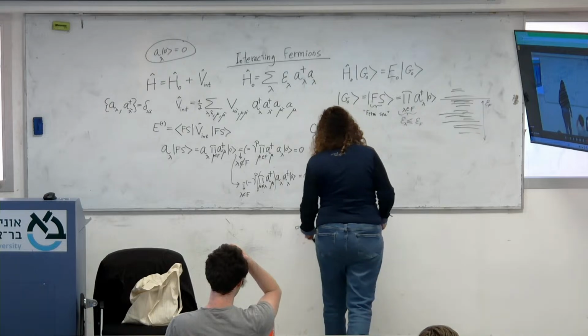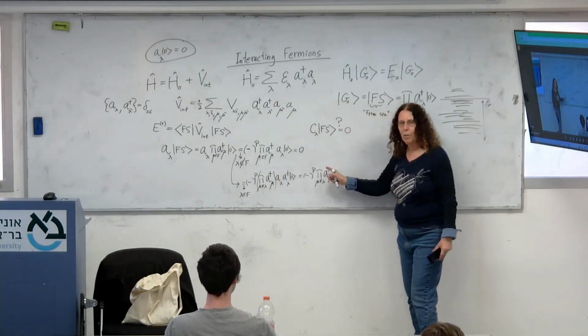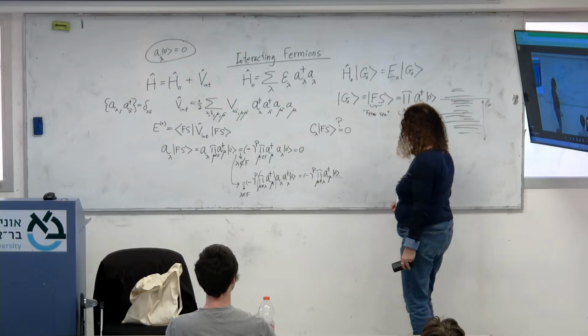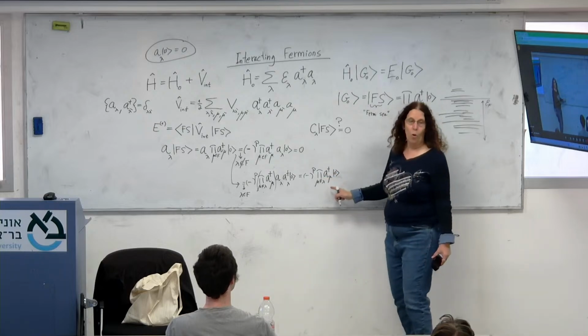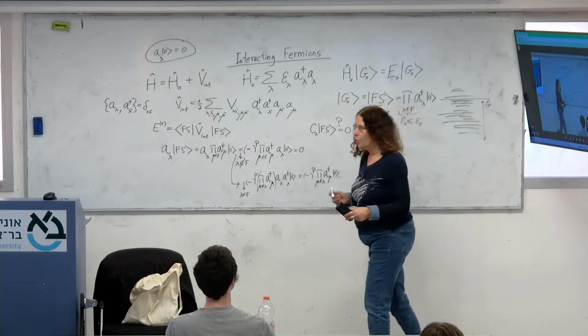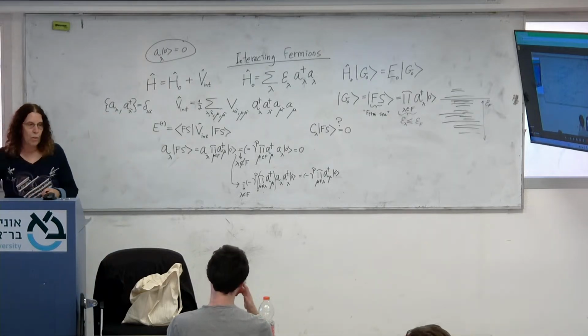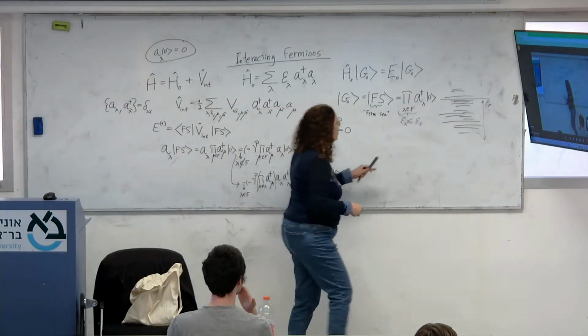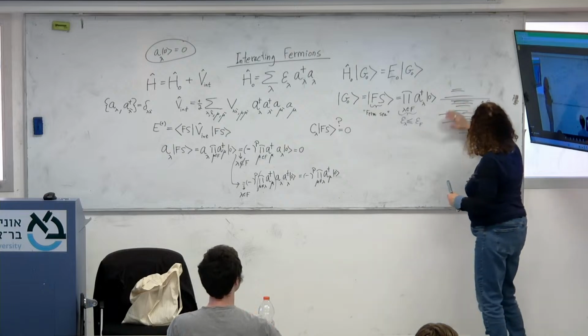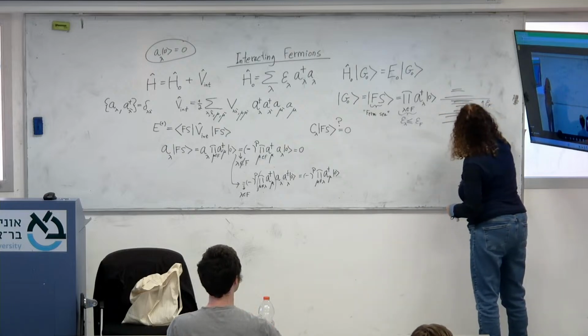So, okay, what is this state? This is a new wave function. How is it different from the original ground state? So somewhere in all these occupied states, I actually created the hole.